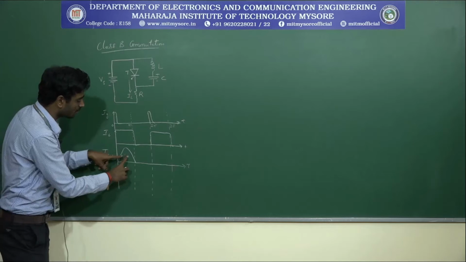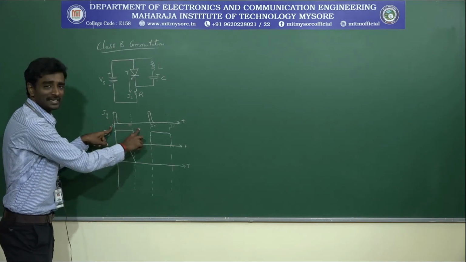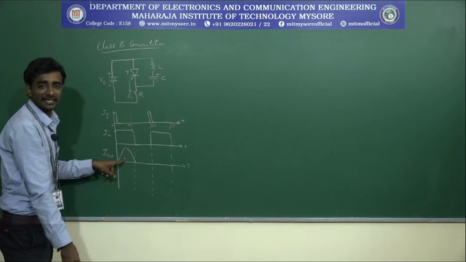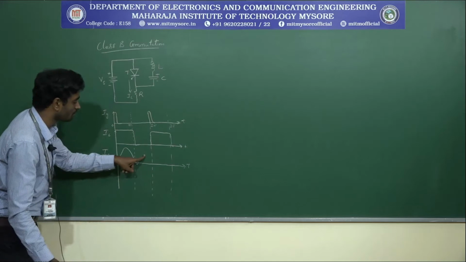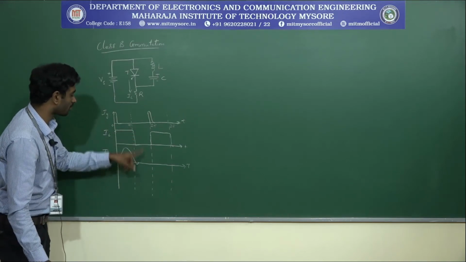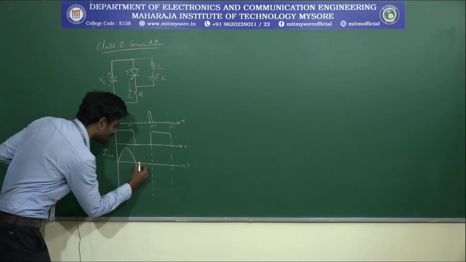So whatever signal is gathered with respect to 0 to pi, that is 0 to 180 degree, will be retained. Again, if you come to the negative half cycle, there will be no current flowing across your SCR, so whatever the signal, it will never be retained.